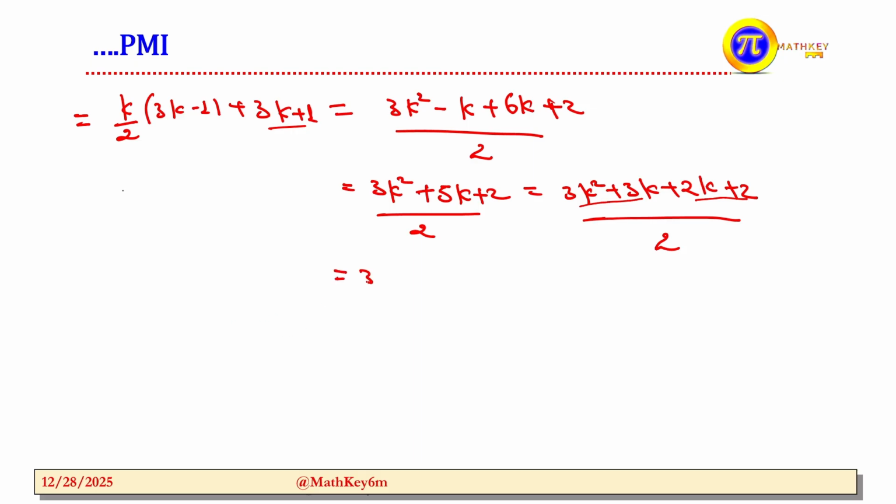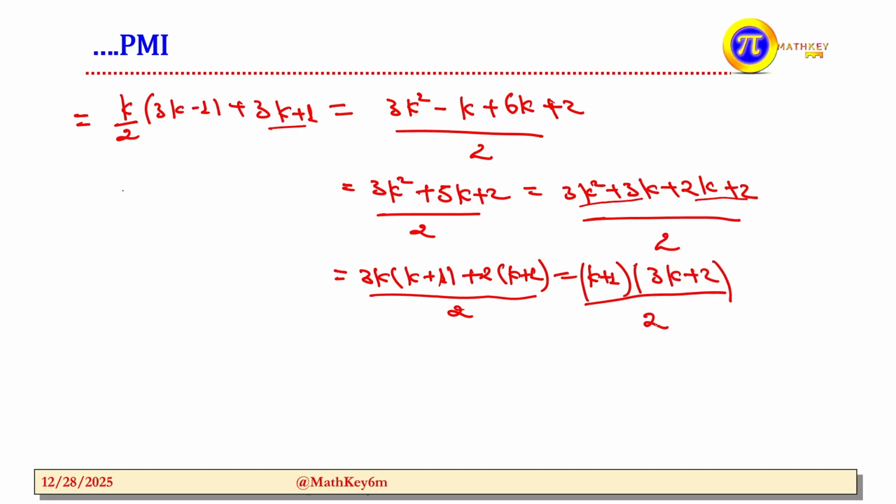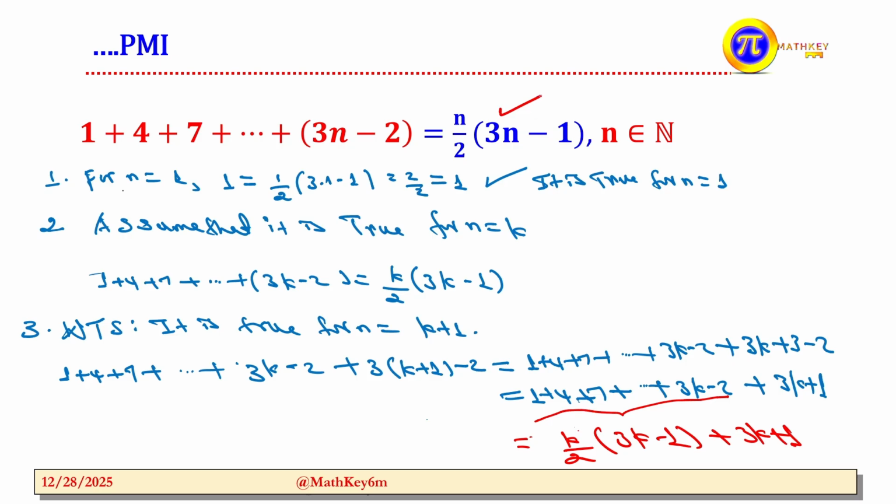So 3k into k plus 1, plus 2 into k plus 1, the whole divided by 2. From this, k plus 1 is common, which equals k plus 1 times 3k plus 2, over 2.